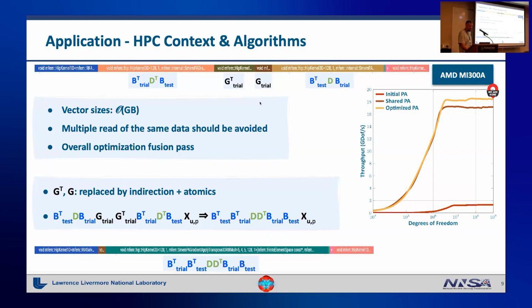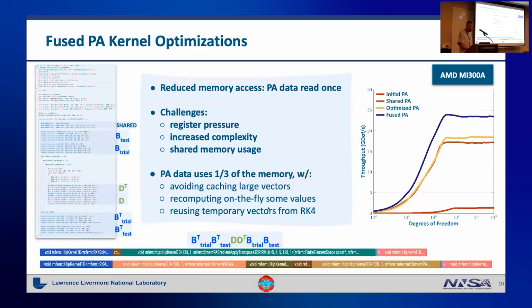It is better, and in our case, it allows us to get rid of these two kernels, which allows us to do some reordering and reshuffling of these operators. So we get rid of these G and G transpose, and we reorder, trying to put the B's in front, in order to have these stream only once the data from the partial assembly setup.